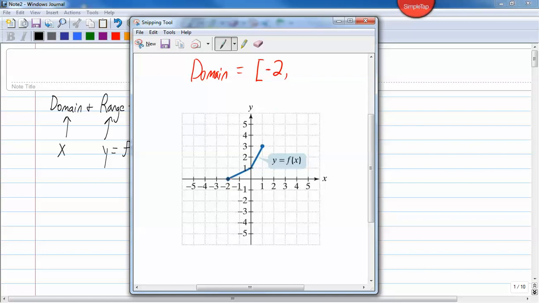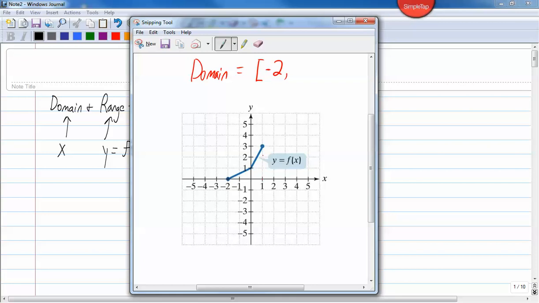Then that includes every number to the right of -2, like -1, like 0, like 1, and that's the last one. If I come over here to 2 or anything past 1, I can't trace up and touch the graph. So that means my domain only includes numbers from -2 all the way to 1.